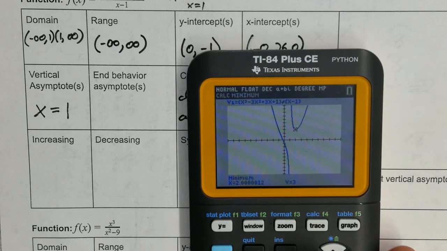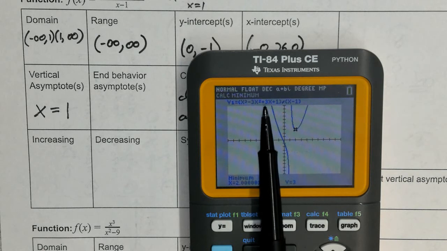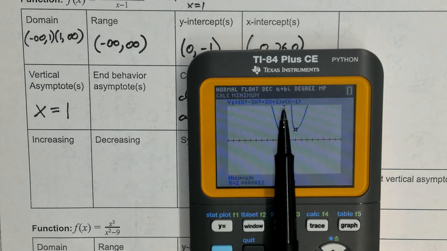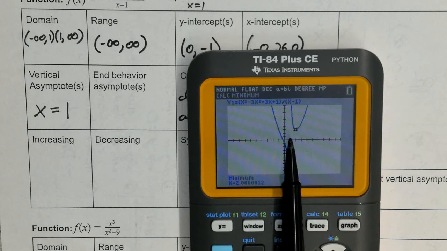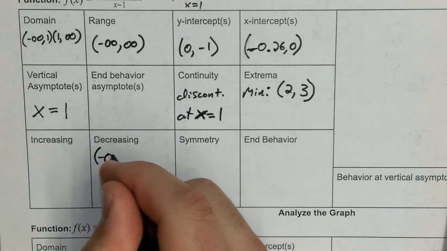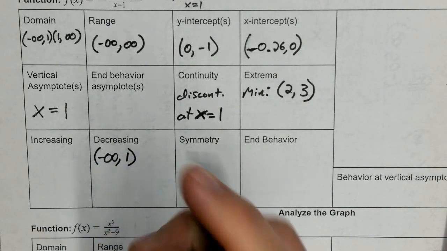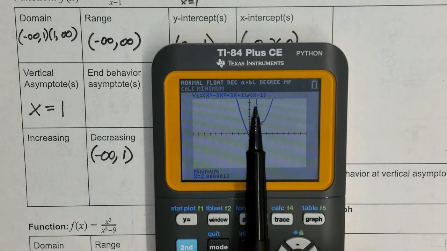Increasing and decreasing. So we can see that this graph, remember we're measuring from left to right, is decreasing as I move from left to right until I get to 1, then the graph breaks. So we'd say that it's decreasing from negative infinity to 1. And then you can see right here, it's falling as well, right?